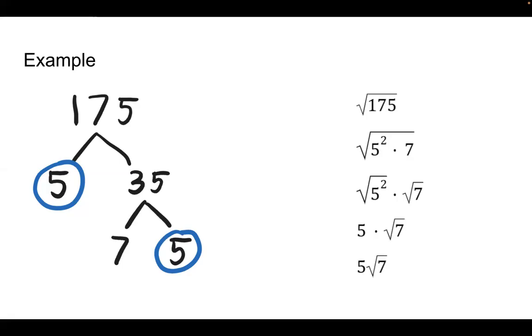You guys figured out that was 7 times 5. So that means now, going to the stuff on the right, we have 2 5s, so we can take out a square root of 5 squared, which is just going to be 5. And then that times the square root of 7, that's the answer.